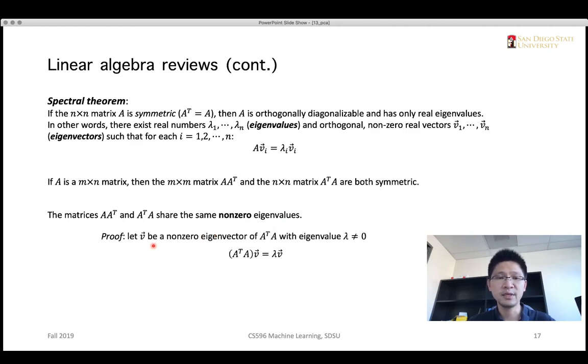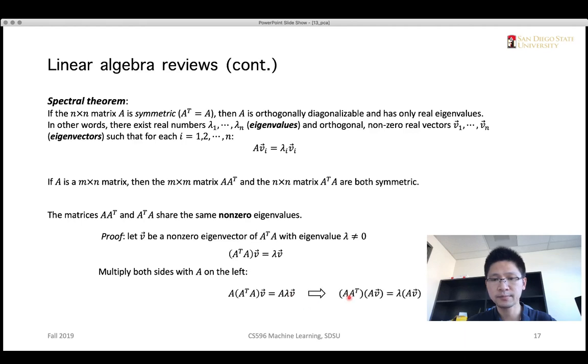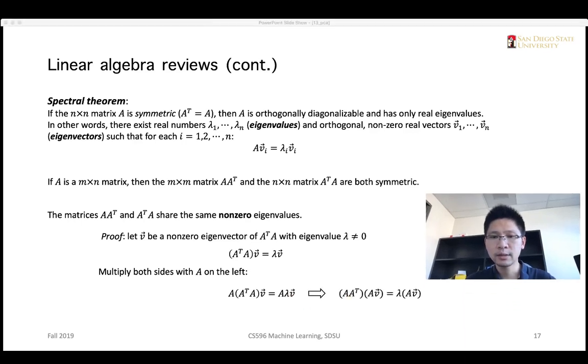Let V be a non-zero eigenvector of A transpose times A with eigenvalue lambda. Then, according to the definition of eigenvectors and eigenvalues, we should have A transpose A times V equals lambda times V. Now if we multiply both sides by A on the left, it becomes this, and the right term becomes like this. We can combine the A with A transpose into this form.